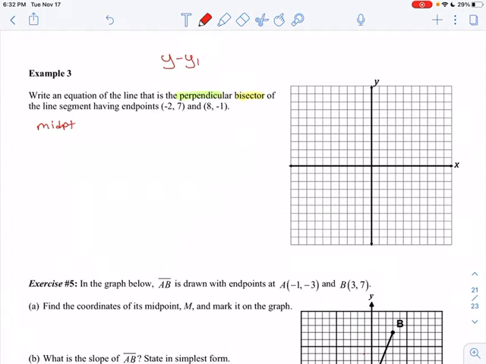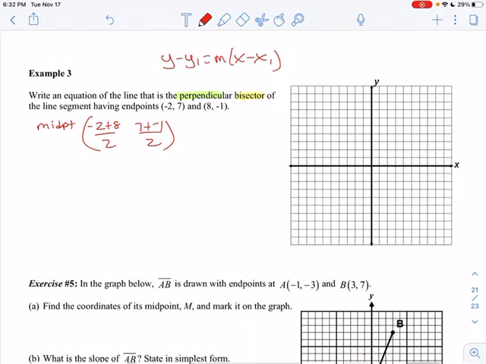To write an equation of a line, you need a point and you need a slope. Here's my equation of a line. The slope is going to be the perpendicular slope, and the point is going to be the midpoint because it's a bisector. So for the midpoint, I add the x's, divide by 2, add the y's, divide by 2.